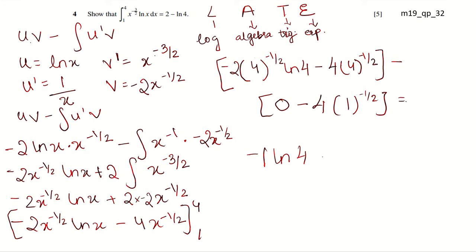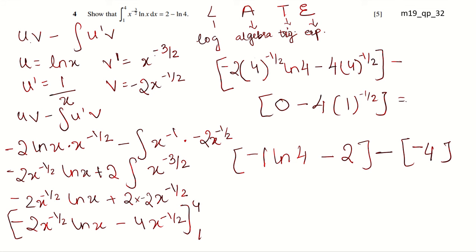It's going to be minus 2, and this will be in the brackets, okay, and this will be minus, and this is 4, basically 0 minus 4 multiplied by 1 to the power of 1 by 2 is 4, so that's going to be minus 4, okay.